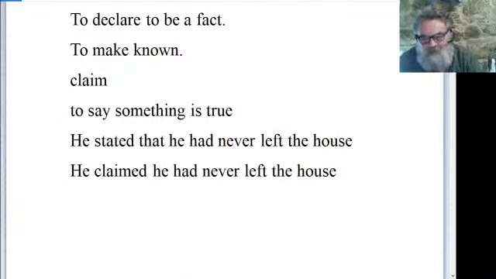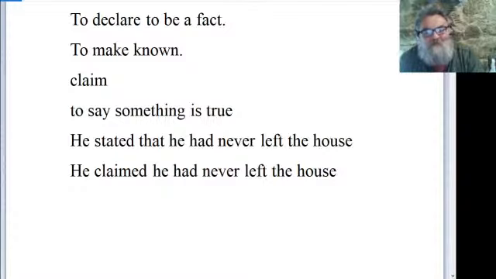So, let's see. What about to enunciate? Yeah, to enunciate, to make sounds clearly.